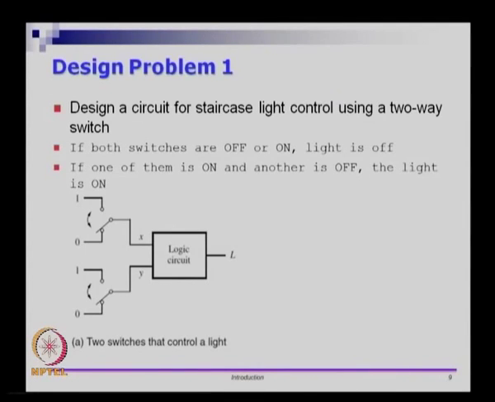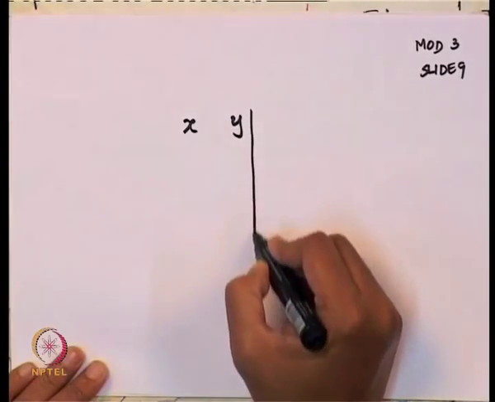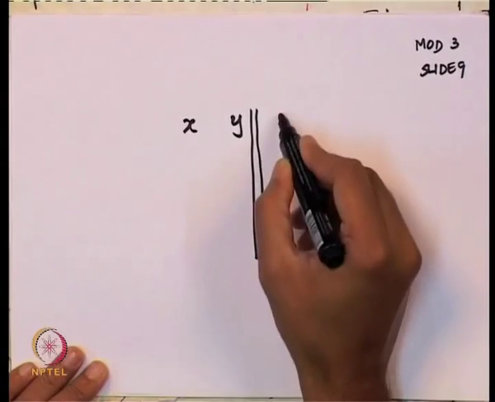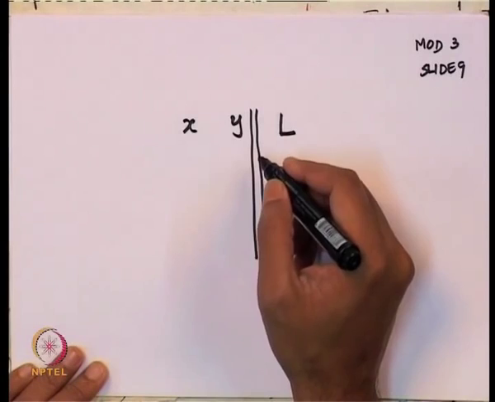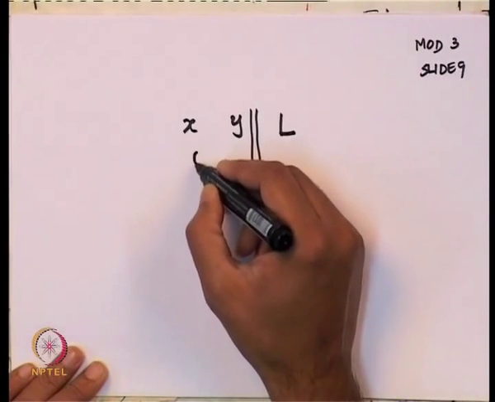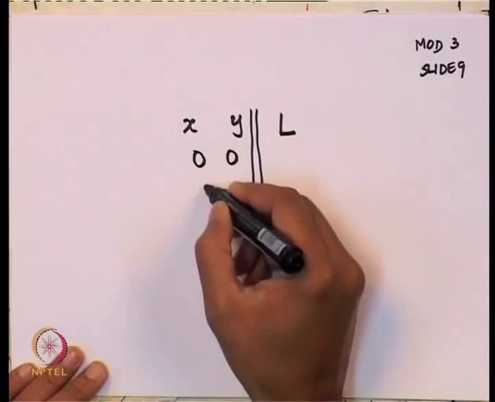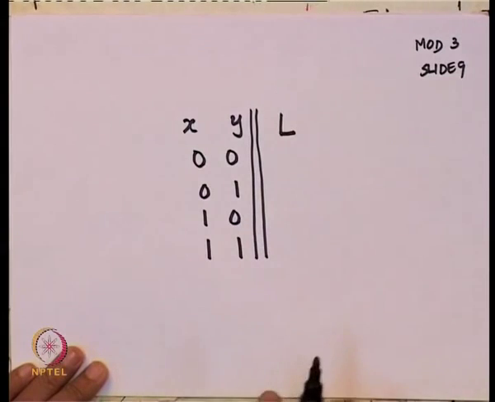I am going to assume that there are two switches X and Y, and I want to design the logic for L. Let us see how to go about writing a table for this. Let us see all the possibilities that X and Y can take: 0 0, 0 1, 1 0 and 1 1 are the four possibilities for X and Y, right.